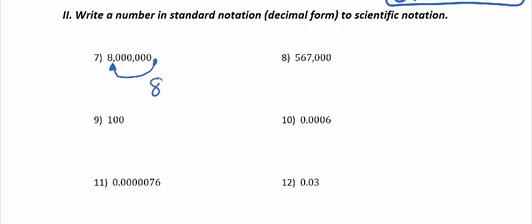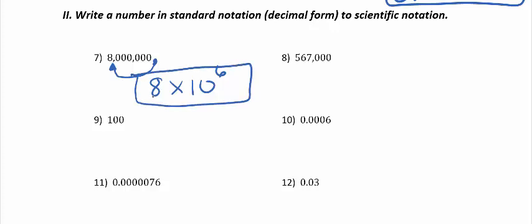And we're going to rewrite this as 8 times 10, and we moved it 6 places to the left, so it's going to be a positive 6. So 8 times 10 to the 6th power. Again, a really big number is going to have a positive exponent. And we recognize that this first number has to be greater than or equal to 1, but less than 10.